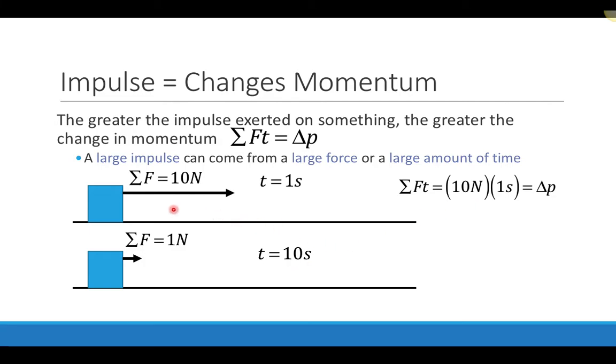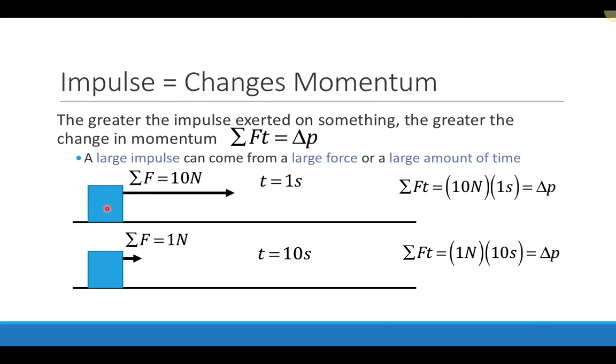And if I look at the same situation down here, the impulse would be the force, which is 1, times the time, which is 10 seconds, and this would give me the same exact impulse, because impulse depends on both the force applied and the time. But more importantly, both of these blocks would actually have exactly the same change in momentum over the time intervals that are defined.